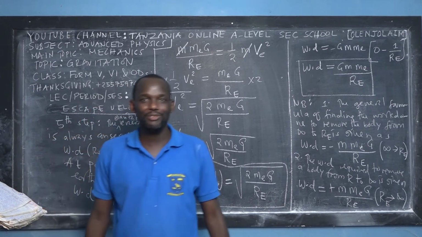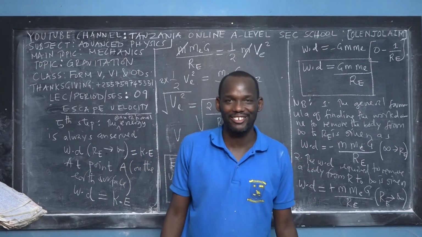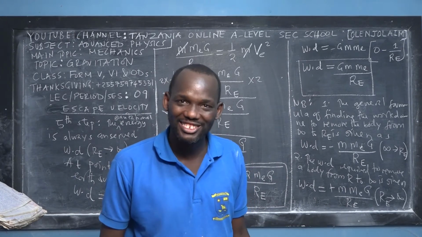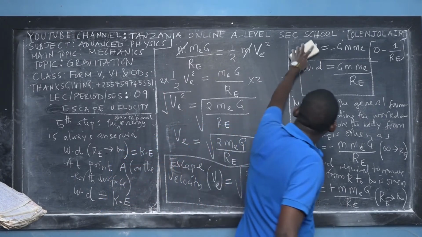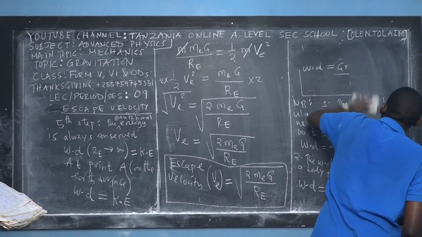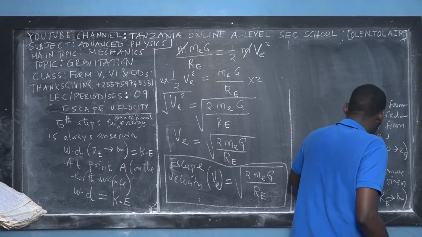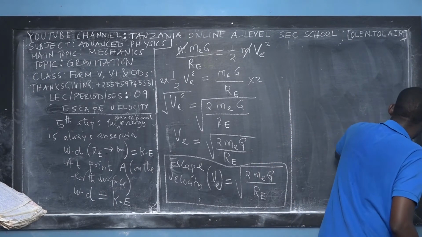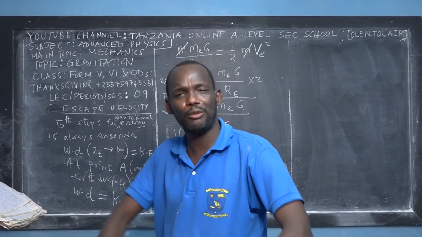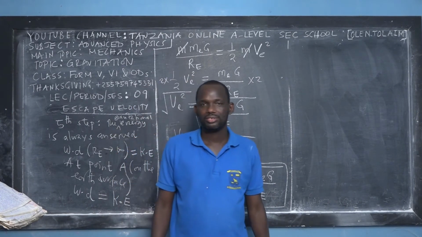If you didn't understand any point, please ask me in the comment section, and I will assist you so you can enjoy the beauty of physics. Do you like physics? Do you like mechanics? Because you can like physics but say, I dislike mechanics. No, no, no. This is the foundation of physics. Mechanics is the foundation of all other topics. If you master mechanics, none of the topics will be critical for you.